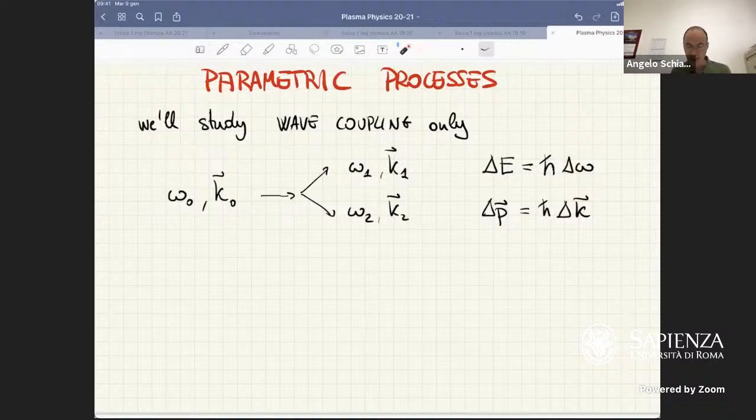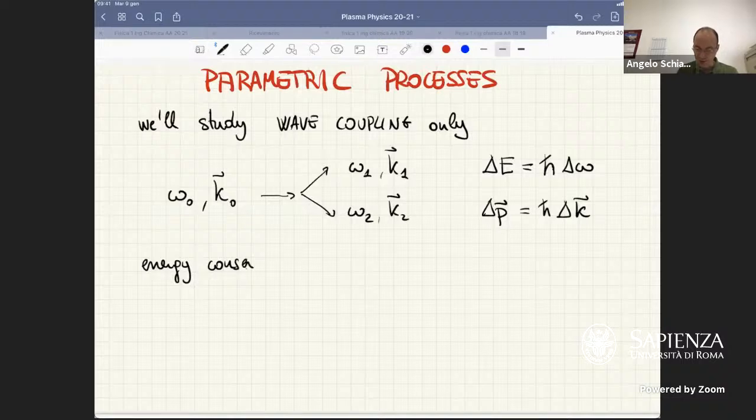So at the fundamental level, when we interact with different waves, we can apply the same arguments as we do with elementary particles. So in each wave interaction, we have to conserve energy, and we have to conserve momentum. So we require energy conservation in this phenomenon.